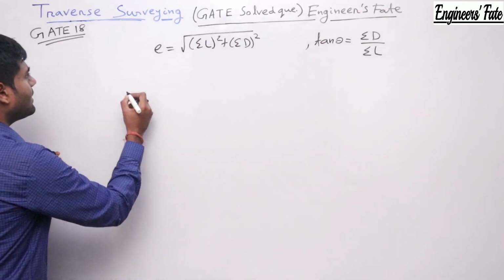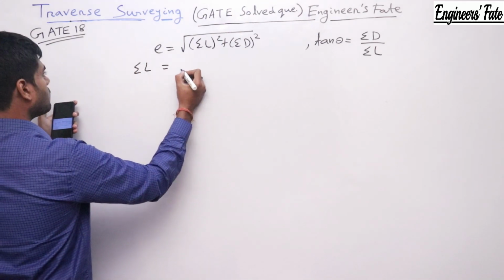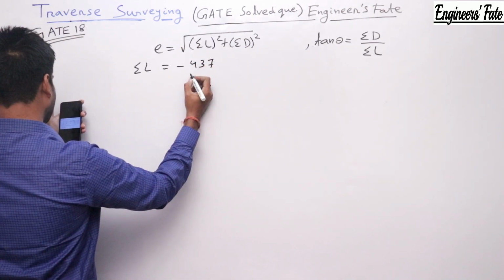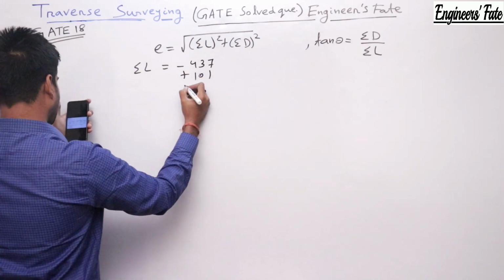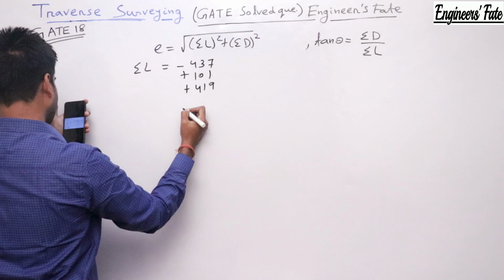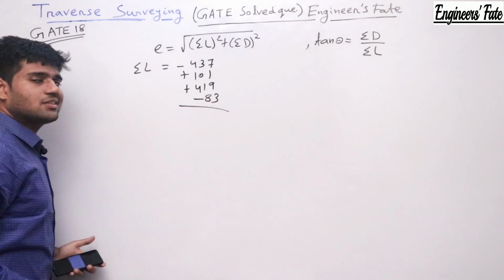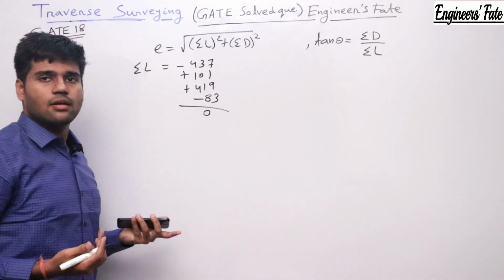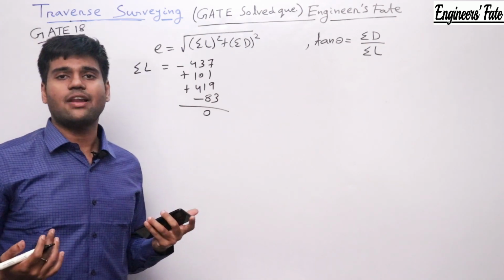So let's find the summation of latitude first. Southing for PQ is minus 437. Then QR is northing plus 101, RS is northing plus 419, again southing of SP minus 83. If you sum, the summation of latitude will come as 0, means I am not having any error in the summation of latitude.